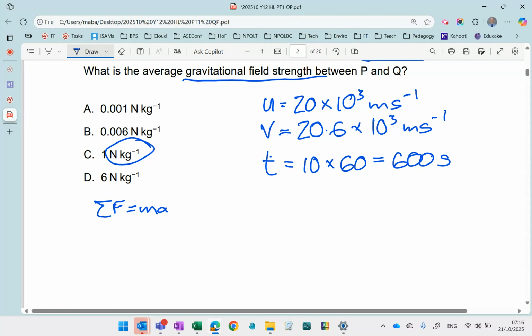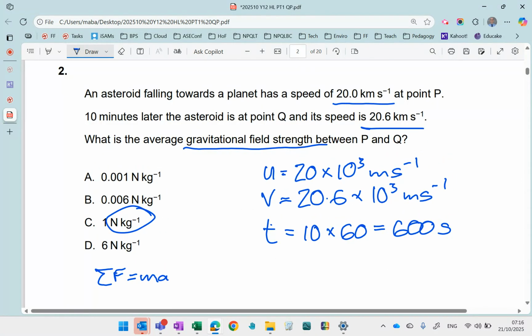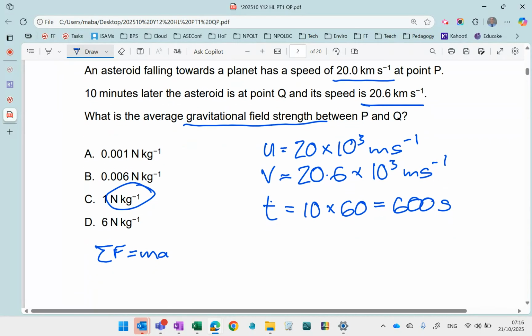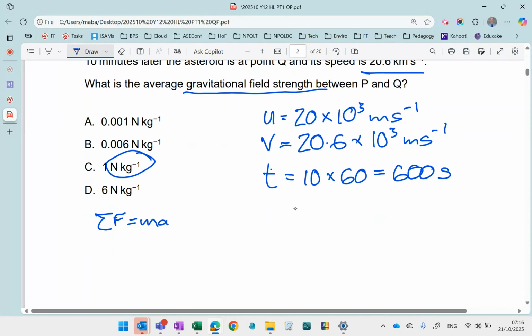In this instance, the only force acting on that asteroid is the weight, which is W, and that's equal to mg. So with some pretty straightforward maths there, you can see that the acceleration is equal to the gravitational field strength. So if we work out the acceleration, we've worked out the gravitational field strength.